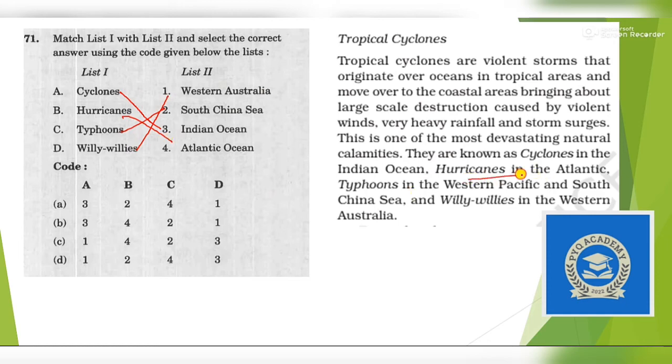Hurricane in the Atlantic Ocean, typhoon in the Western Pacific or South China Sea, and Willy Willy in Western Australia. So D is 1, for B it is 4. This is our correct answer. The answer is option B.